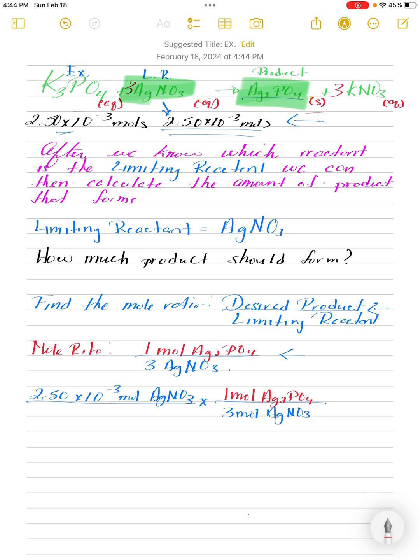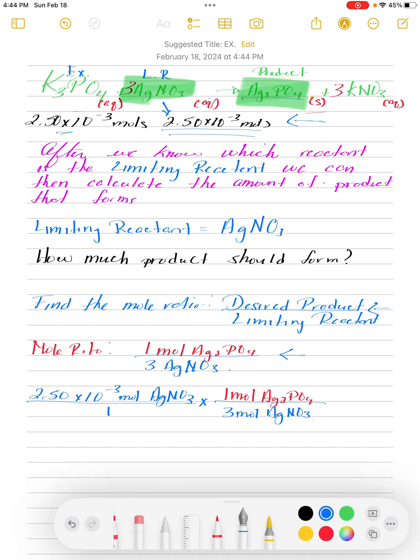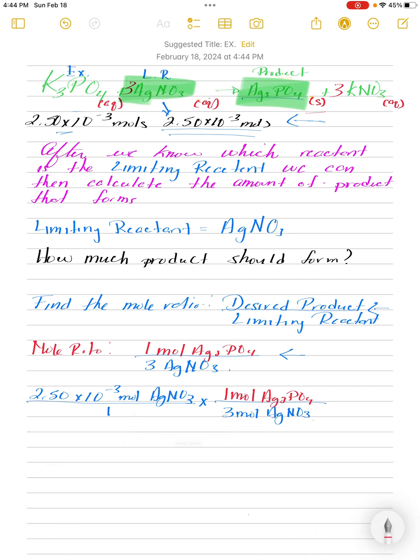Now, I'm going to put this over 1 to make sure it's a fraction. Look what happens to your moles of silver nitrate. Those are going to cancel. If those cancel, then whatever answer I get is going to be in moles of silver phosphate. So the mole ratio allows you to convert from moles of one substance to moles of another.